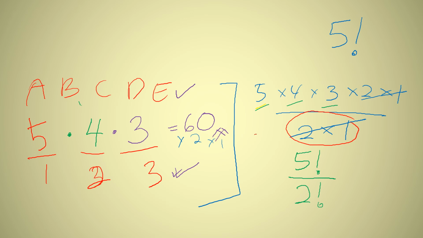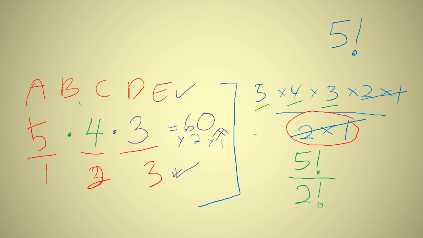Well, think about it. I multiplied 5 times 4 times 3. I kept going until I had that many seats, and then I didn't do the remainder of the seats. So the number of the thing that I left out was essentially the number of people minus the number of chairs. I was trying to put 5 things in 3 places, so 5 minus 3 gave me 2 left over.